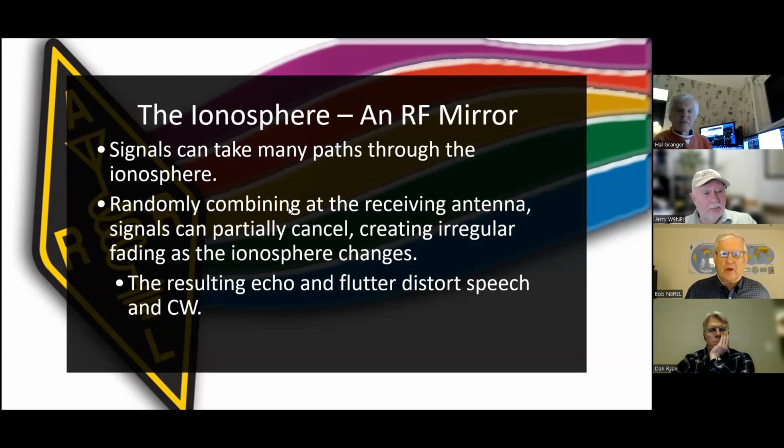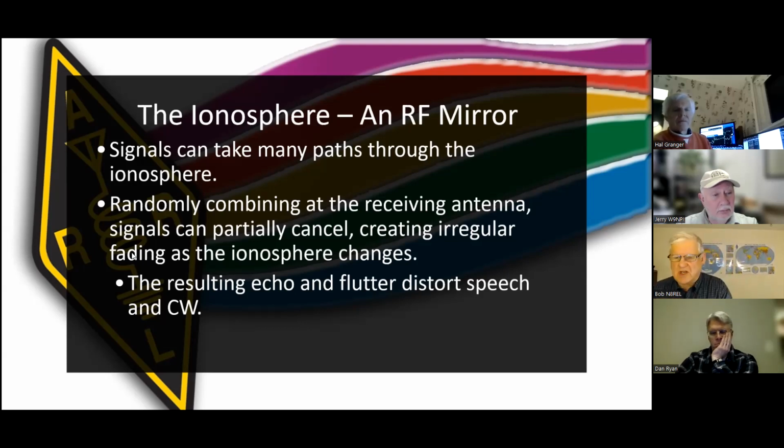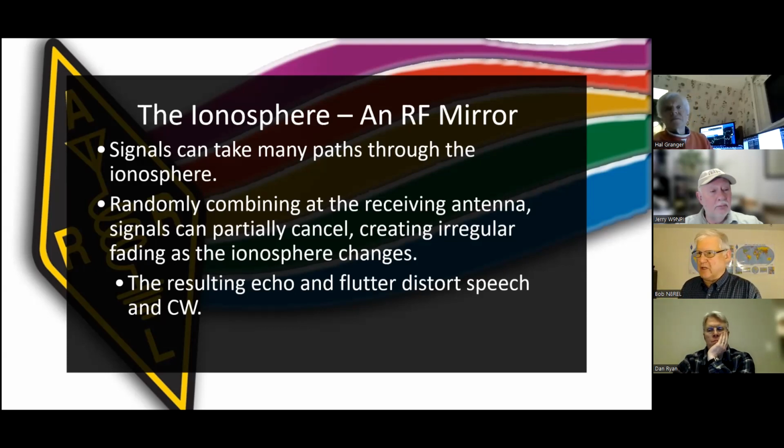Here we're getting to this concept of randomly combining signals at the receiving antenna. This is the same thing we were talking about with knife edge diffraction: when a signal arrives at a destination by two different paths, sometimes that can make the radio signal very, very loud if they arrive in phase.